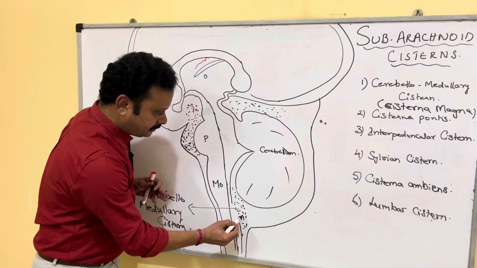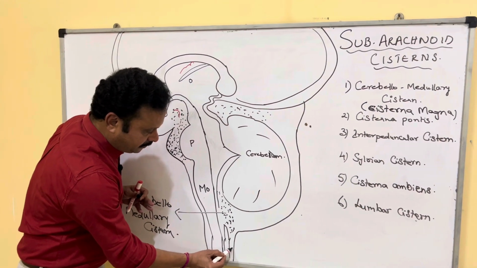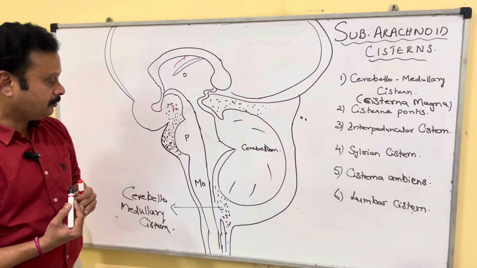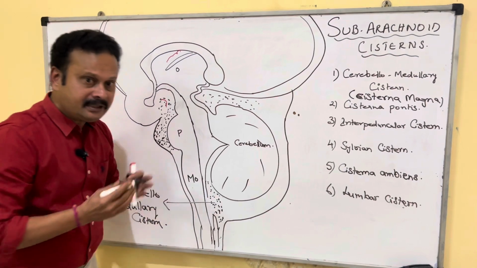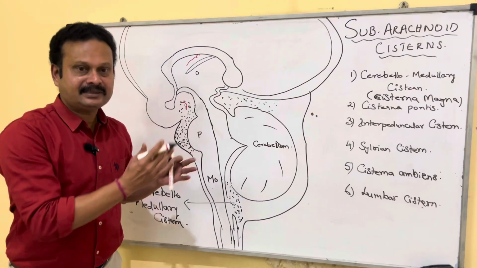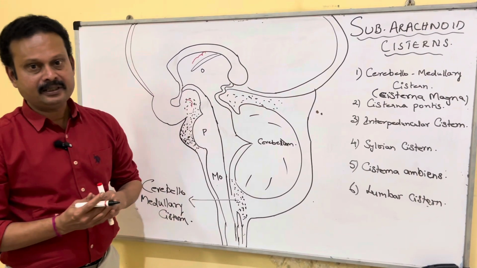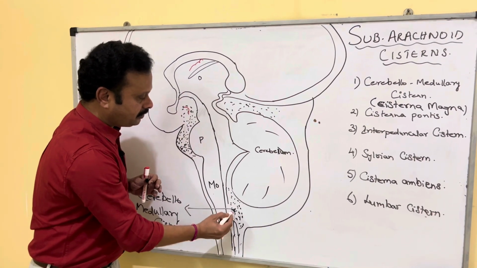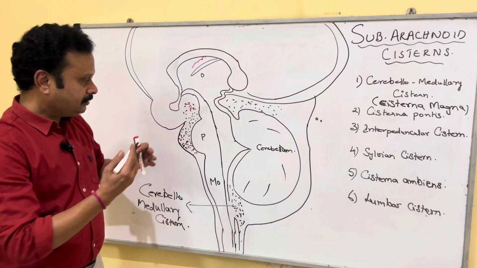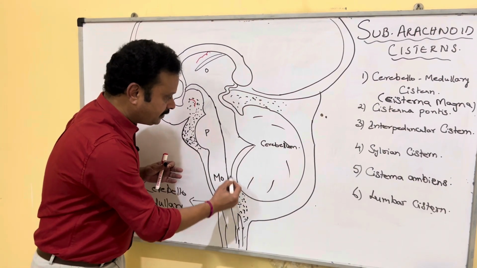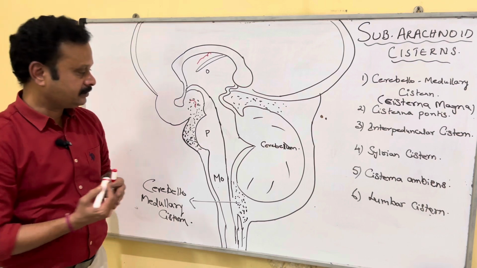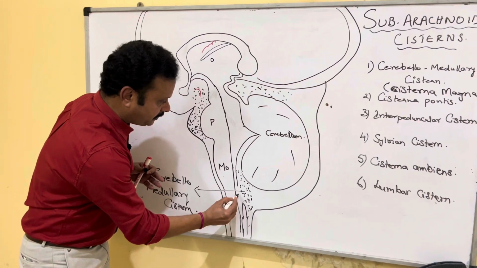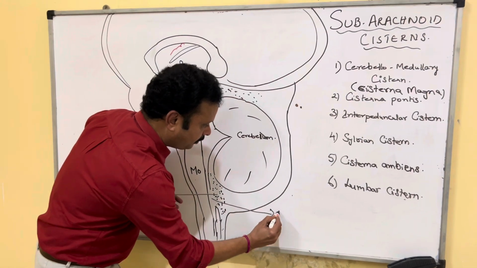It is continuous inferiorly with the subarachnoid space along the posterior aspect of the spinal cord, and it is the only cistern which is in direct axis with the ventricle, because the fourth ventricle communicates with it through the apertures in the roof of the fourth ventricle, that is the paired foramen of Luschka, and this gap you are seeing is the unpaired foramen of Magendie.